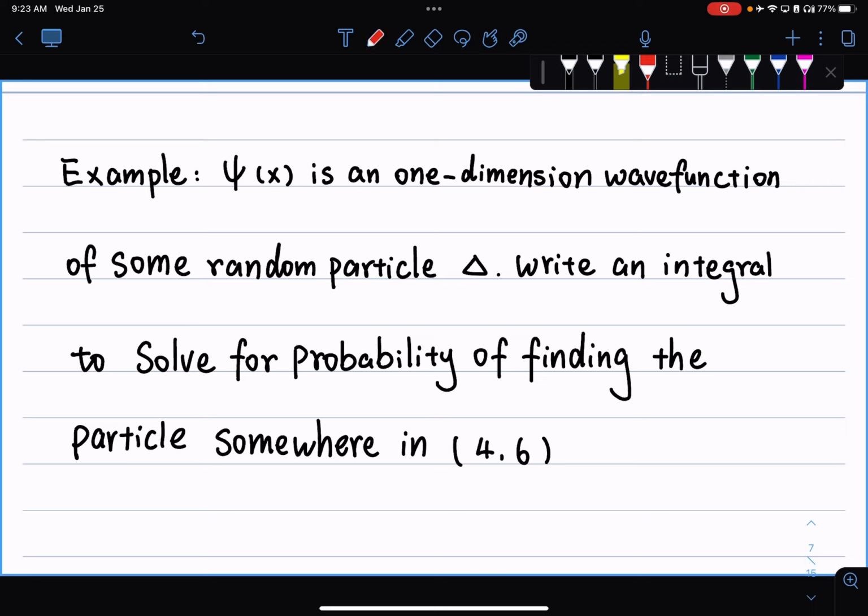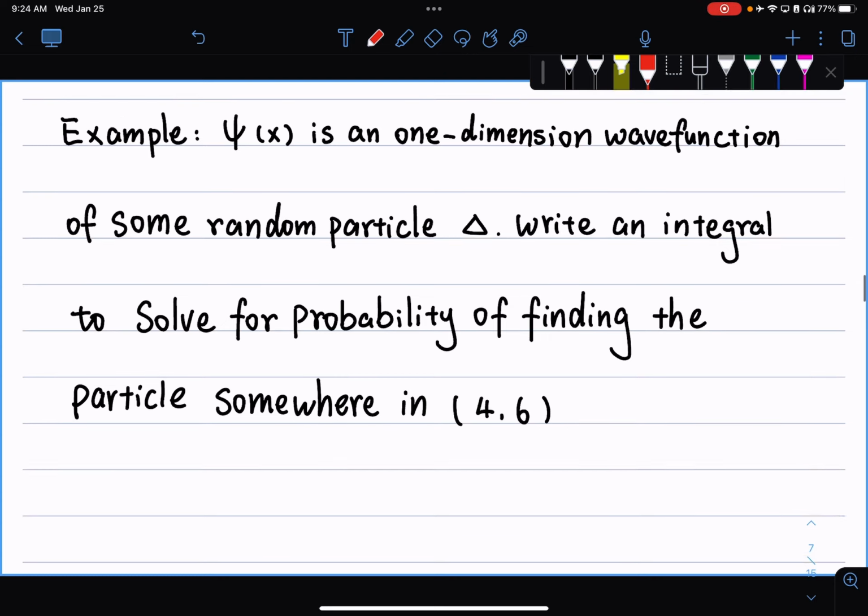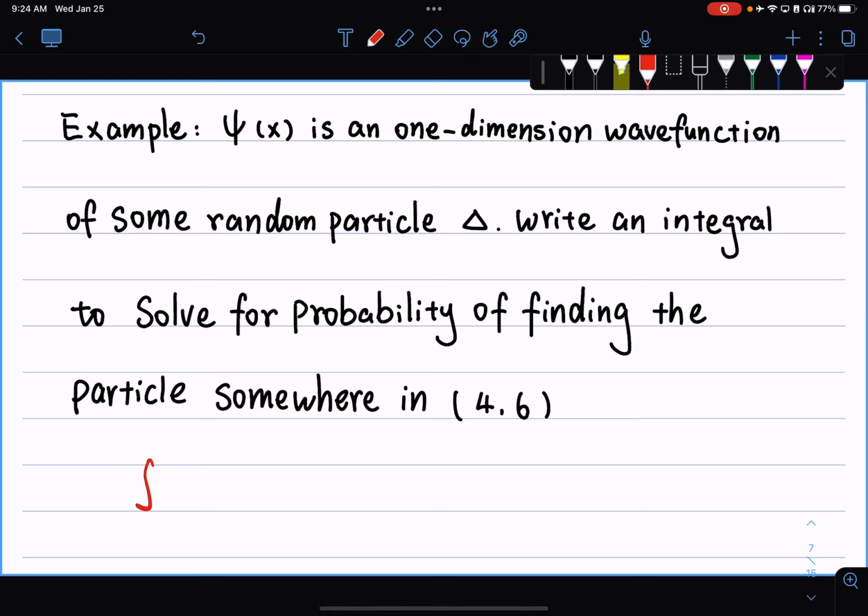Knowing what the wave function means and what the probability density means, you can write that integral out. You don't need to solve it, but at least you need to know. You should write it from 4 to 6 of the absolute value of phi x squared dx. So this is the integral that gives you the probability of finding this particle between 4 to 6.